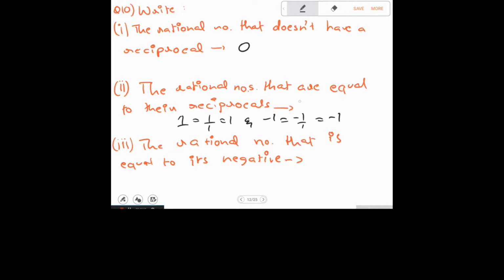So here the rational numbers are 1 and minus 1. The rational number that is equal to its negative, only 0 is the rational number that is equal to its negative.